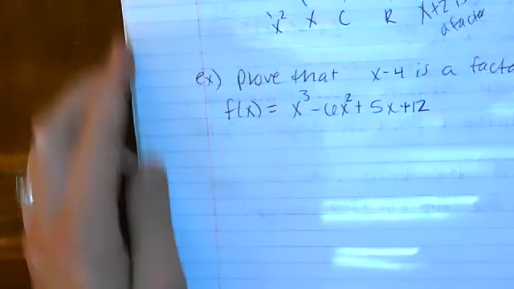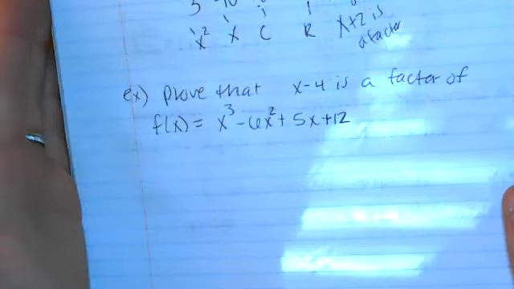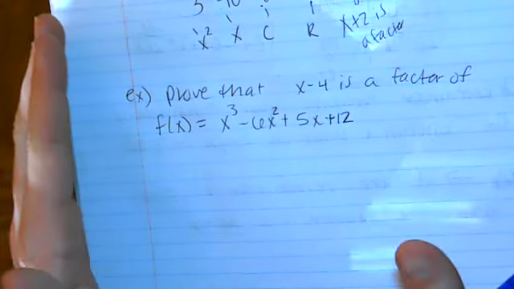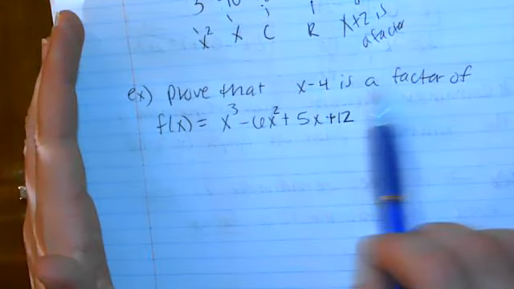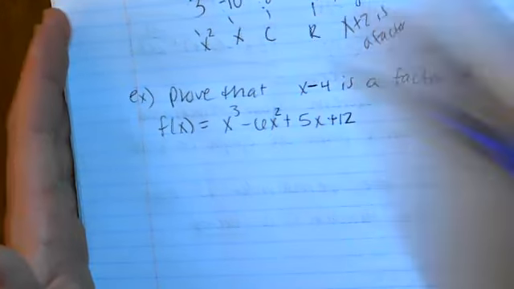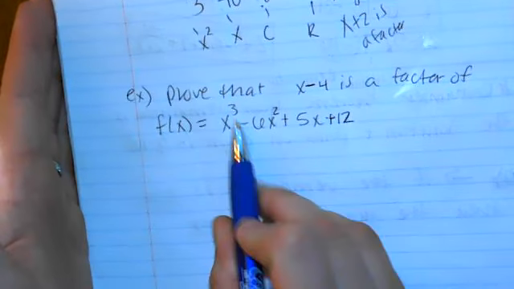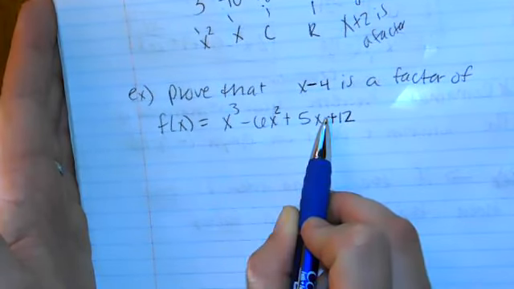Okay, one more factoring practice problem. So we want to see if x minus 4 is a factor of this function. Okay, sorry, the light's kind of shining in, so I'm trying to stop it with my hand. So first thing, 3, 2, 1, no x.